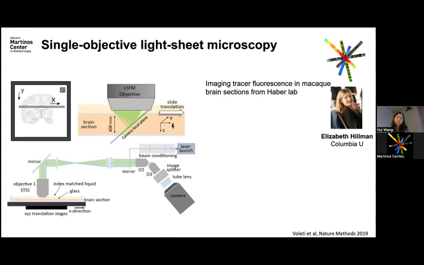If we scan this tilted plane laterally, it collects volumetric imaging. Since the tracer is fluorescent, we can use the light sheet microscope to collect the tracer imaging with individual axonal resolution in 3D.